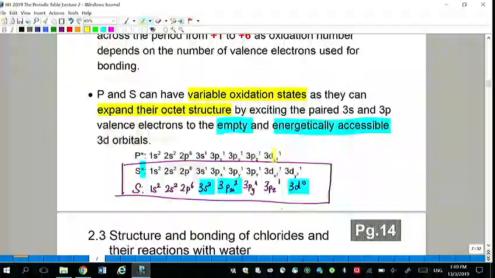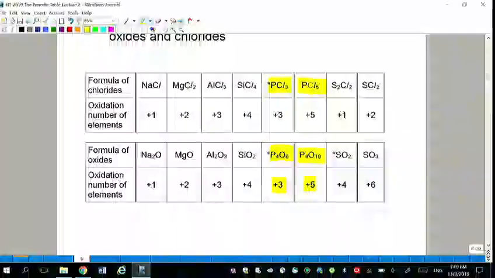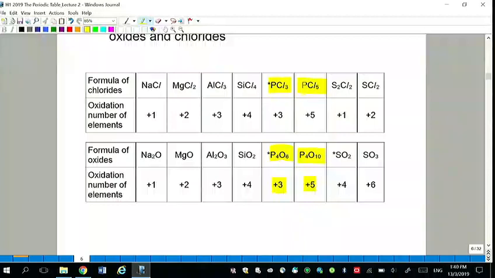Because of this, sulfur and phosphorus will have what we call variable oxidation number. To put it in layman's terms, they have more than one oxidation number. So you need to know that phosphorus and sulfur have more than one oxidation number. Is that clear?